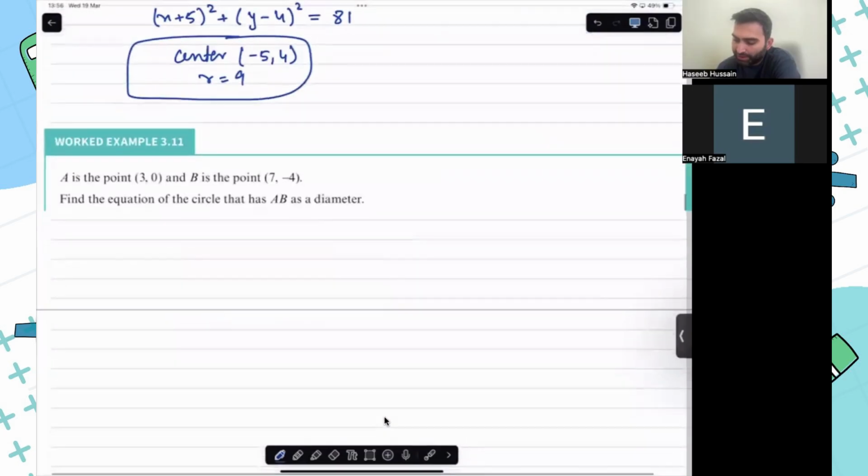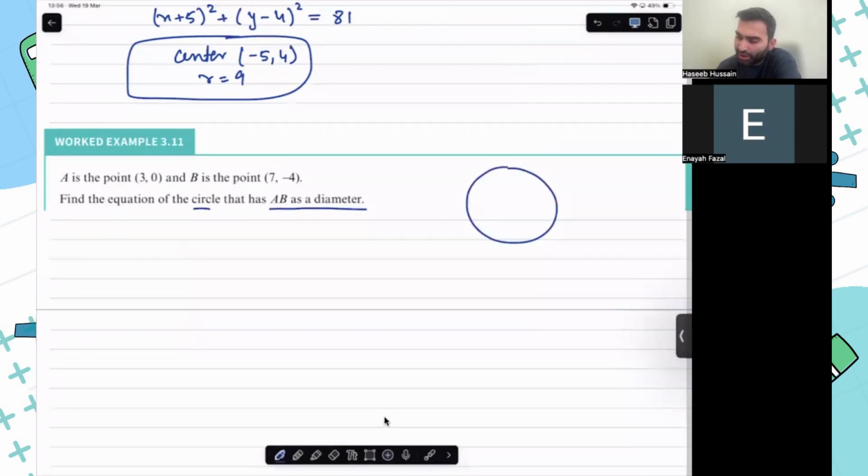So it says point A is 3, 0 and B is 7, minus 4. Find the equation of the circle that has AB as diameter. For circle equations, I always recommend making a diagram. It gives you more clarity and visualization.